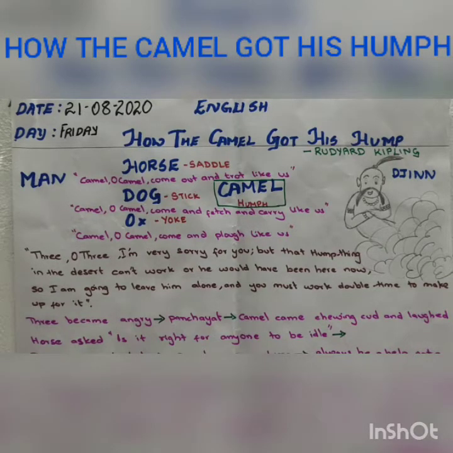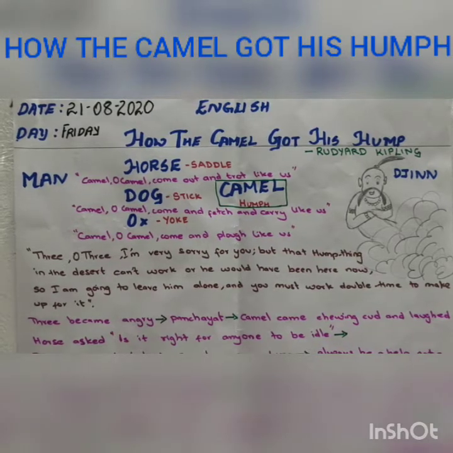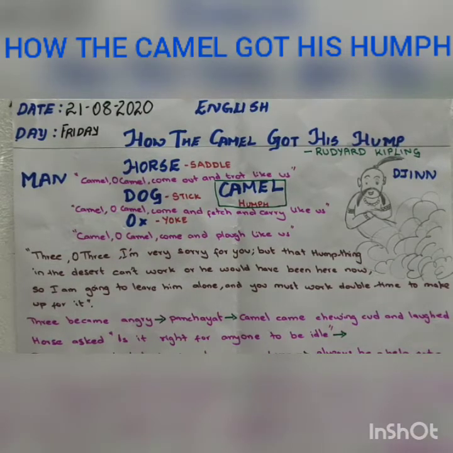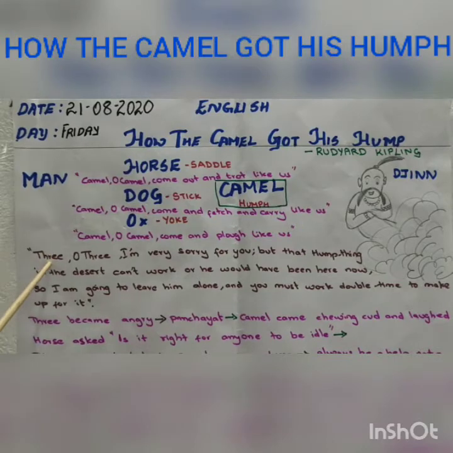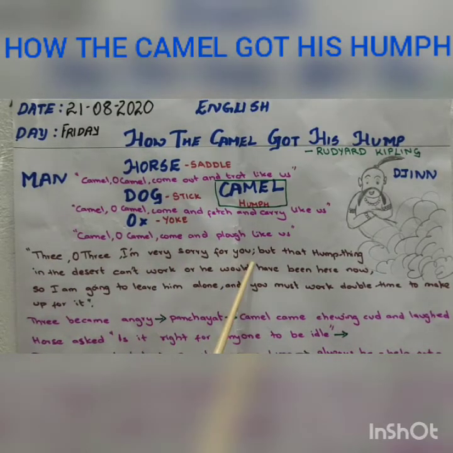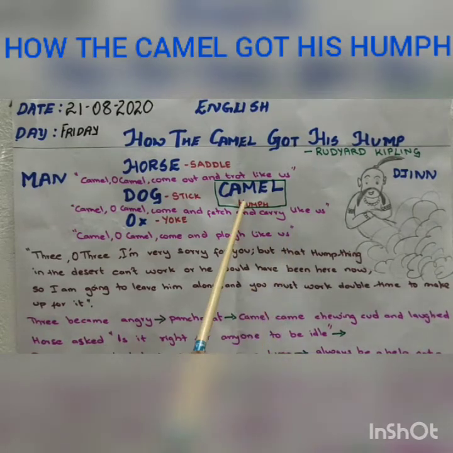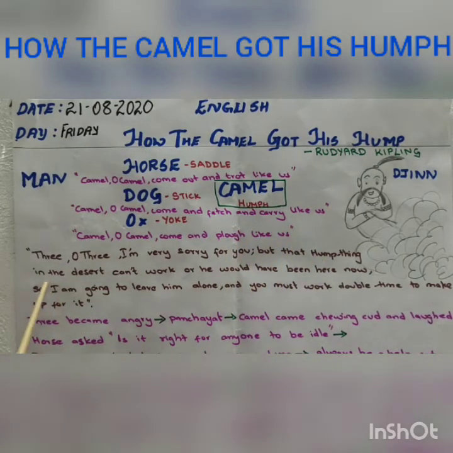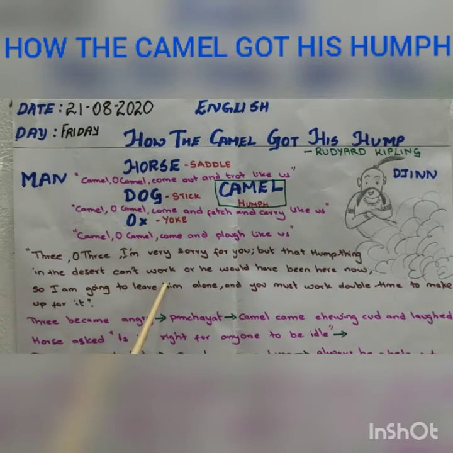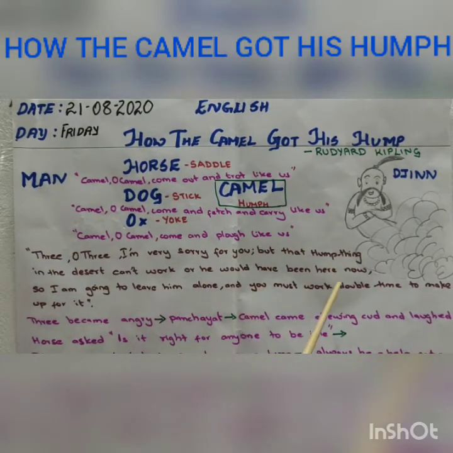So the three, that is the horse, dog and the ox, told the man that the camel is not ready to come. So the man said, "Three, oh three, I'm very sorry for you, but that hump thing in the desert can't work or he would have been here now.